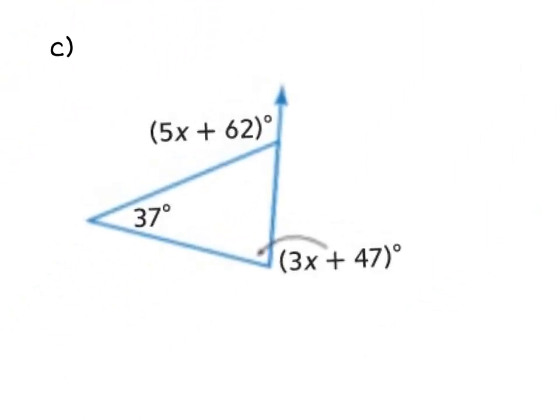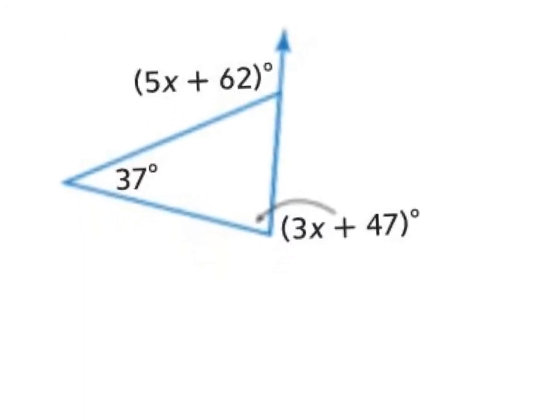Here in C, we're going to use our exterior angle rule, because our exterior angle rule says that this angle here, that's outside this triangle, must be equal to the sum of this angle plus this angle. So we're going to set up our equation just like that. We have 37 plus 3x plus 47 must be equal to 5x plus 62.